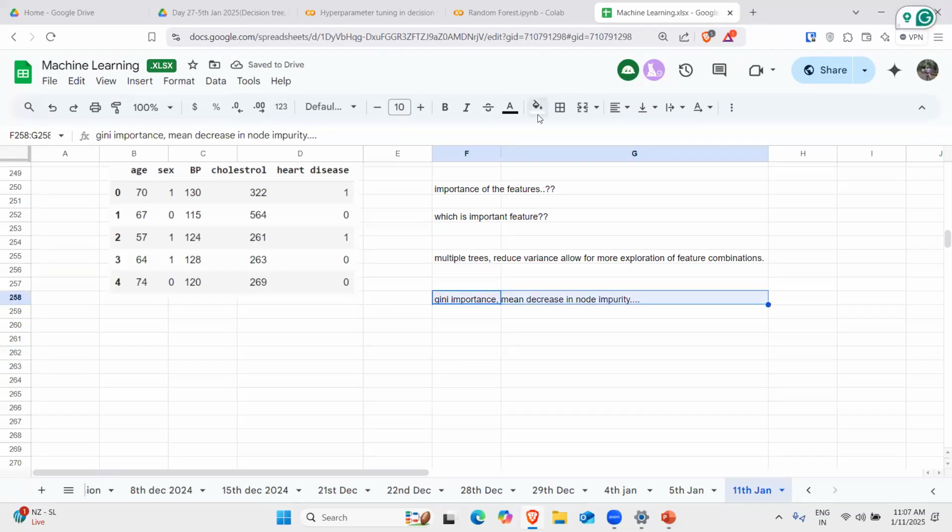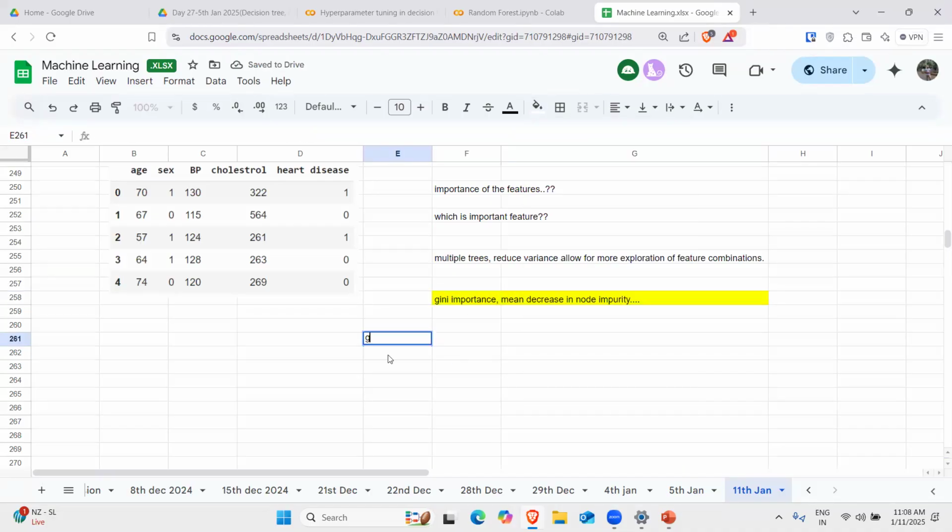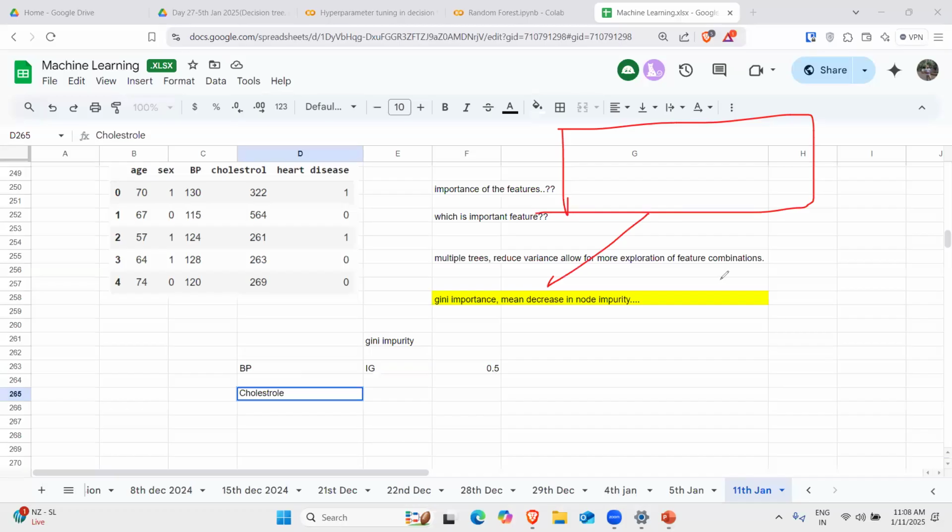What you do is you calculate Gini importance, right? We have discussed that. Gini impurity will tell us, if you are doing splitting based on, let's say, the BP column, the decrease in entropy, that is your information gain. You are getting it as, let's say, 0.5.